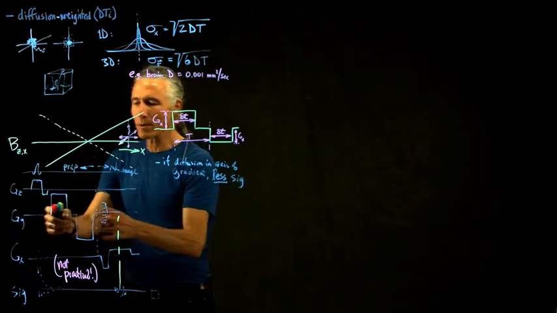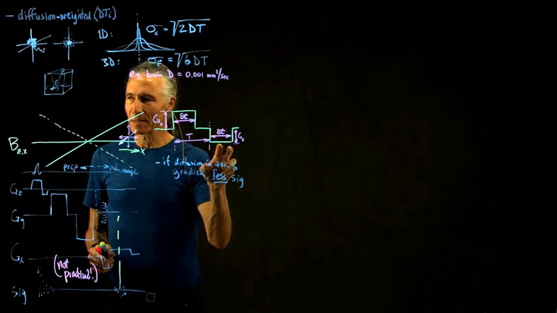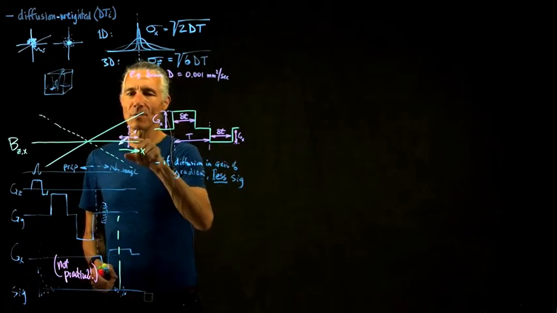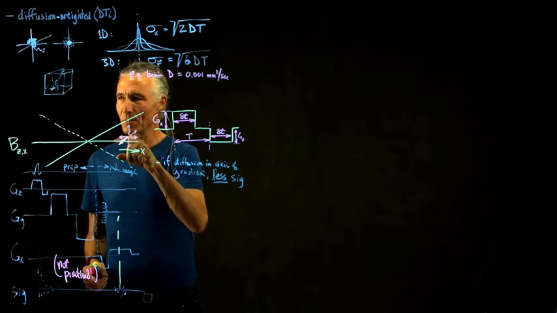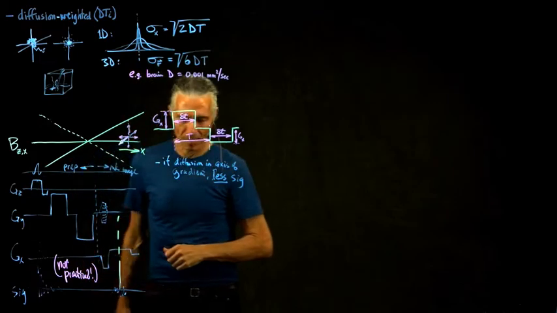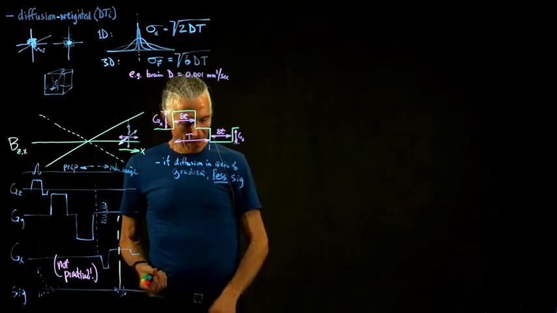And the longer we wait between when we do the opposite versions of it, the stronger the signal will get, because there's going to be more time for diffusion to occur, to go to a different part of the gradient so that it won't get fixed properly by the opposite lobe.